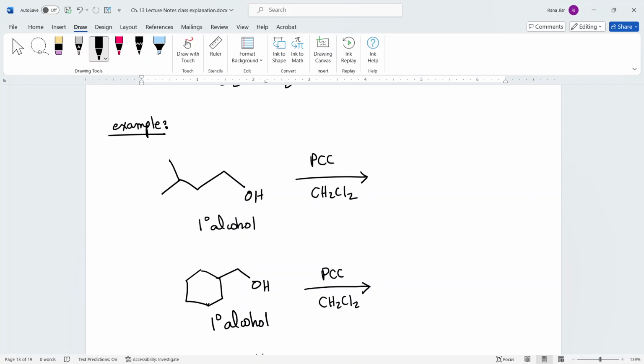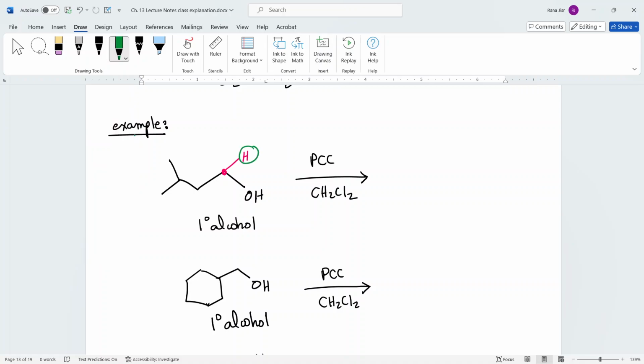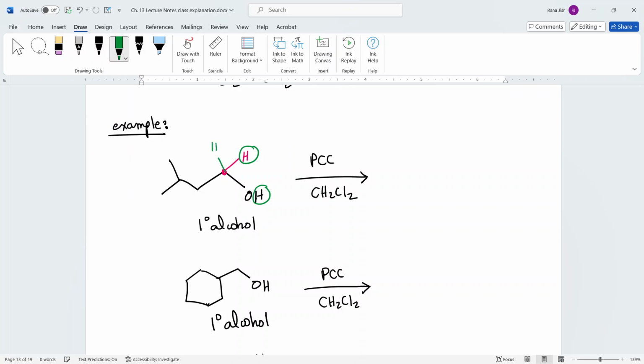So with the primary alcohols, again, we're going to locate our carbon that has the OH in there, and the oxidation happens by simply taking out the hydrogen. So we're going to take the hydrogen on the carbon, we're going to take the hydrogen on the oxygen, and we are going to end up getting the aldehyde. Why the aldehyde? Because this one has a hydrogen in there and the hydrogen stays. So I'm going to lose a hydrogen from the carbon.